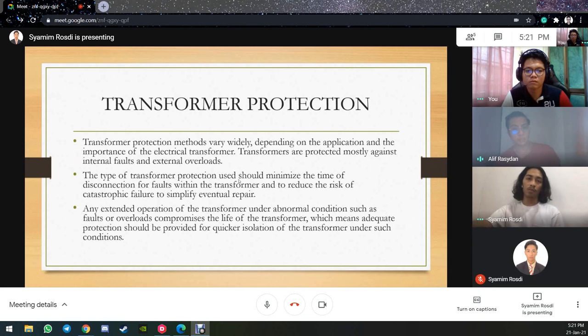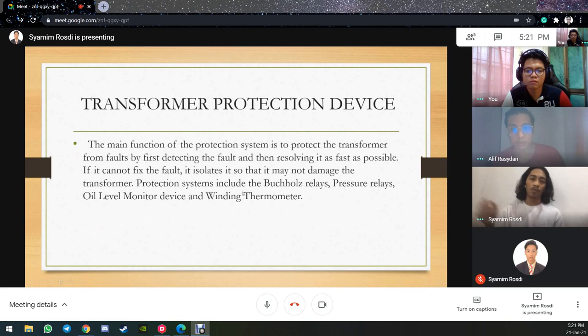What is a transformer protection device? The main function of the protection system is to protect the transformer from faults by first detecting the fault and then resolving it as fast as possible.